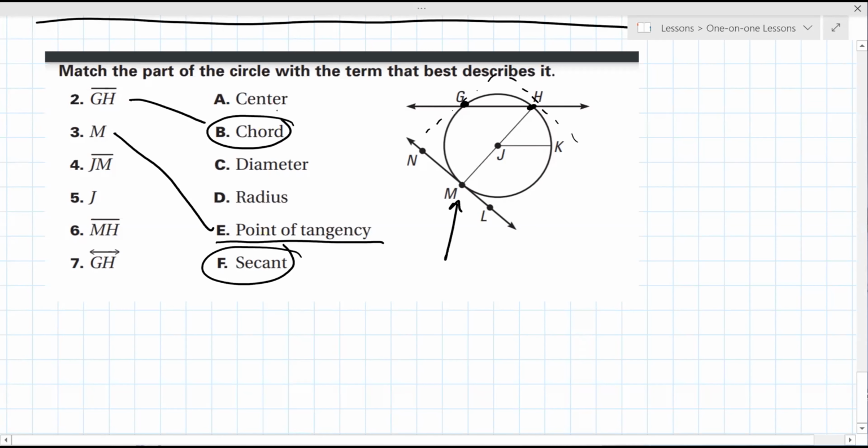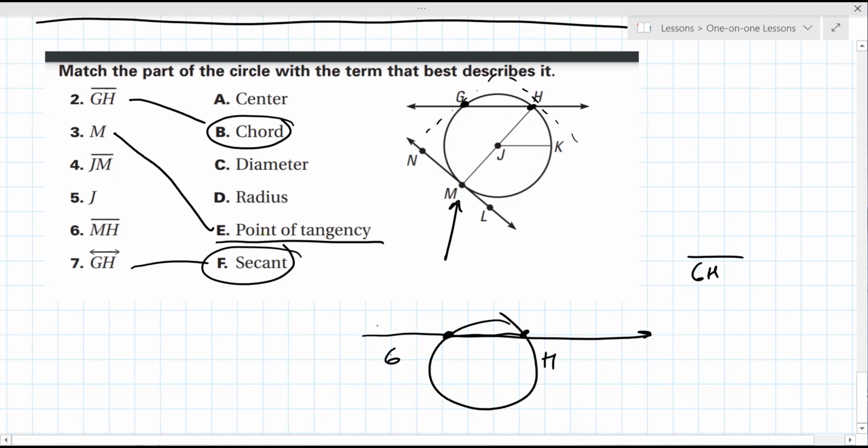So what's the difference between a secant and a chord? Why is GH a secant down there, but GH up here, line segment GH and line GH? What's the difference between them up here? Here's GH, line segment, and then here's GH, line.